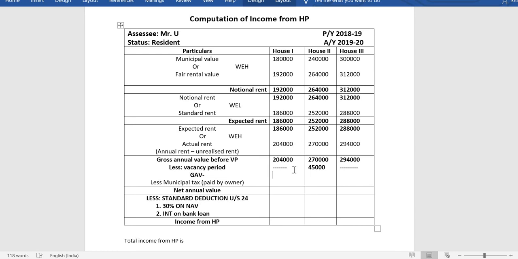Here you will get 2,04,000. This is the GAV, and here you will get 2,25,000.